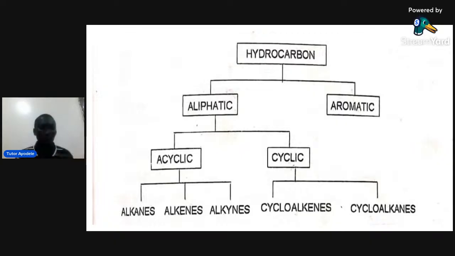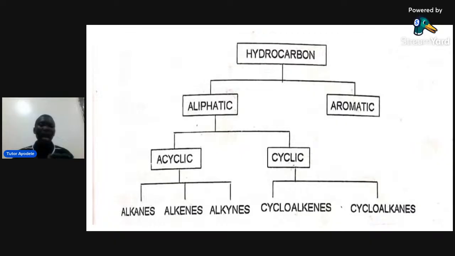Now, these hydrocarbons are classified into two: the aliphatic and the aromatic. Aromatics, such as benzene, are also made up of just hydrogen and carbon. Although, let me come back: organic chemistry is classified into two. Organic chemistry, not hydrocarbon; hydrocarbon is under organic chemistry.